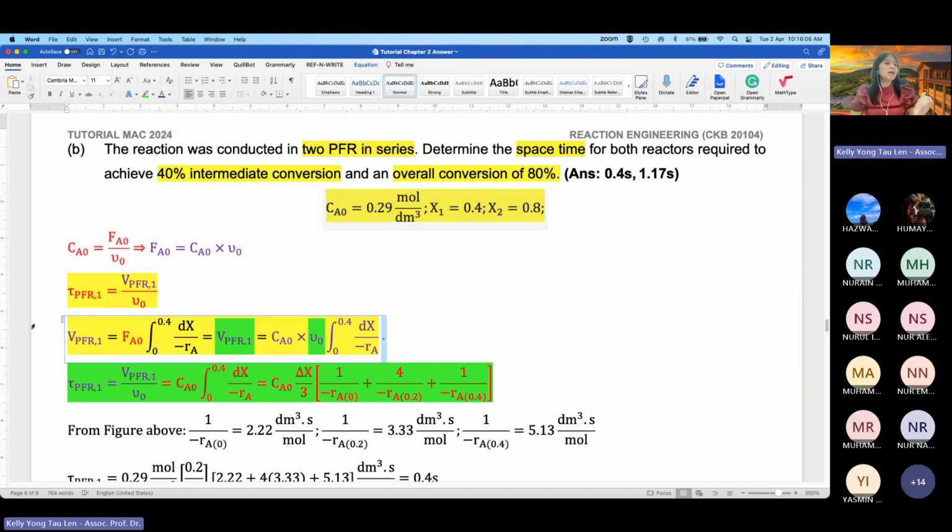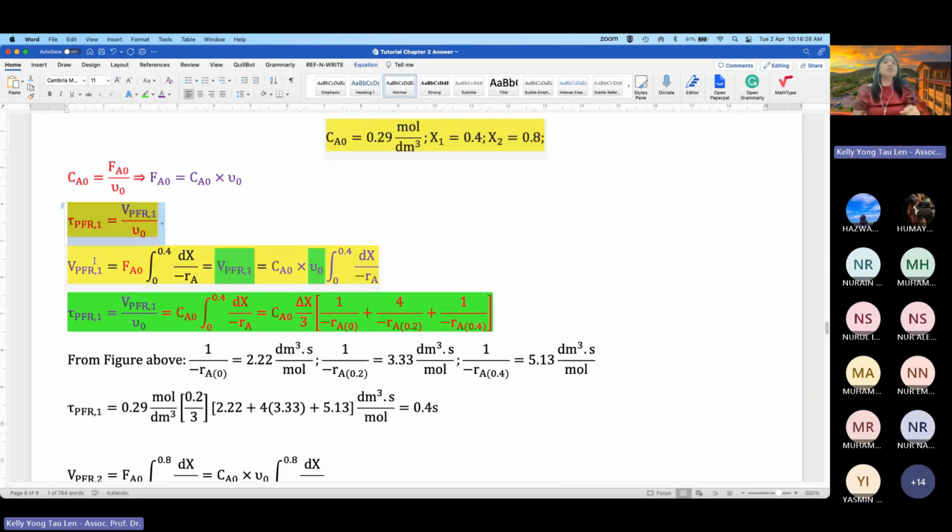So you know the space-time formula, you don't have to memorize it, it's also given. Space-time PFR1 equals volume PFR1 divided by epsilon naught. So you know I already have the correlation, I know the relationship. I can check the space-time if I know the volume and I know epsilon naught. Okay, so in the original equation, I already have volume PFR1.